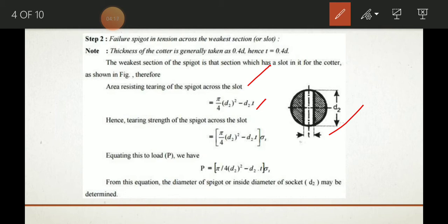So the equation becomes P equal to [pi by 4 d2 square minus d2 into t] into sigma t. This is how we calculate the failure of the spigot, in the same way as the failure of the rod, giving P, the failure strength of the spigot.